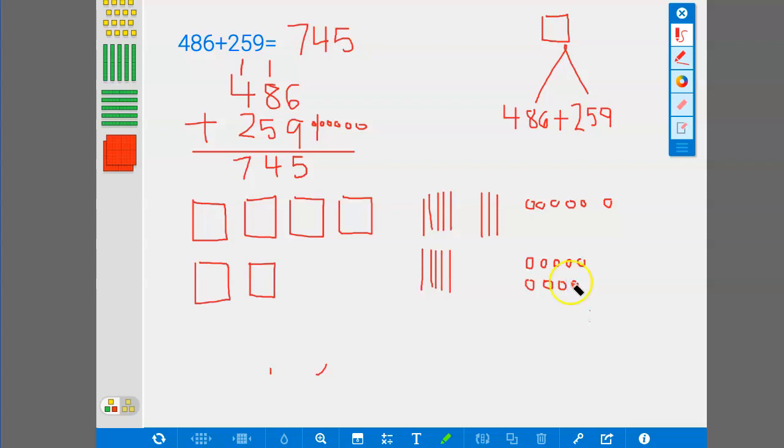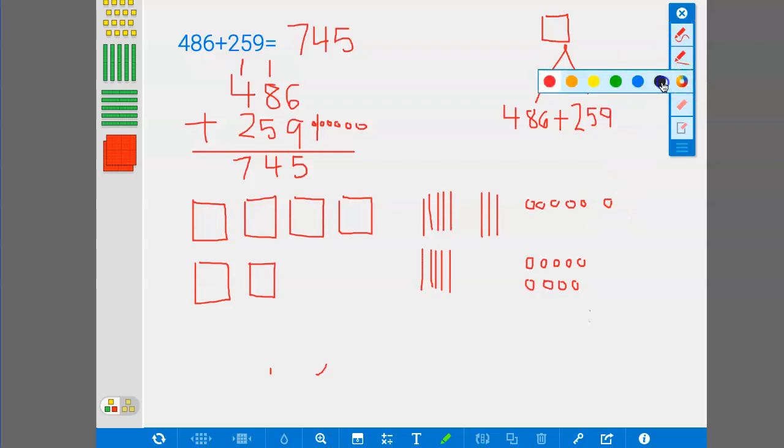Okay. So if you look at your ones, 6 ones plus 9 ones makes 15. See it right here? 1, 2, 3, 4, 5, 6, 7, 8, 9, 10, 11, 12, 13, 14, and 15.